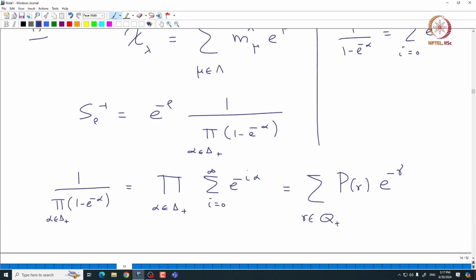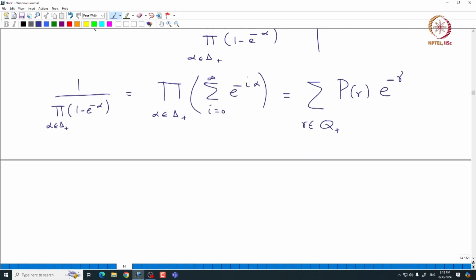If you think about it, we are taking the product among all these summations. If you fix gamma, then you want to write that gamma in terms of this sum of positive roots, and the number of ways you can write it will be the coefficient of this e power minus gamma in this product.